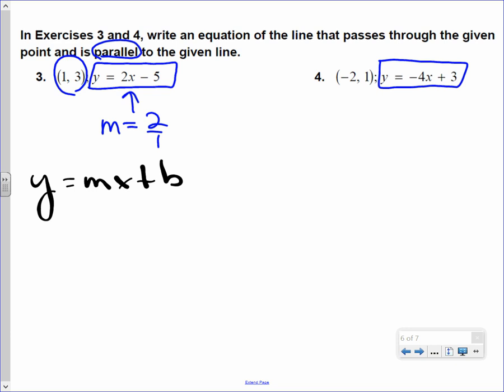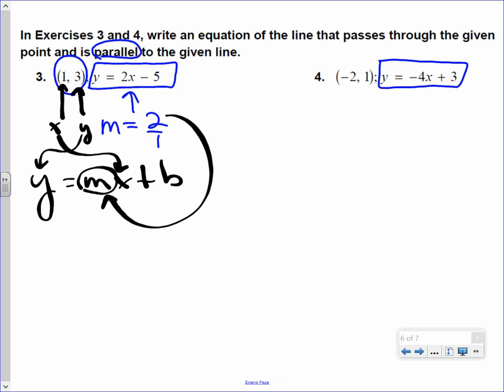Thank you, Valdez. That's your x value, that point that it goes through, and this is your y value. Take a wild guess where those are going to go. Right there, and that'll go there. Take a wild guess what we're going to replace m with, which is 2. And what we're going to solve for: the y-intercept, b.